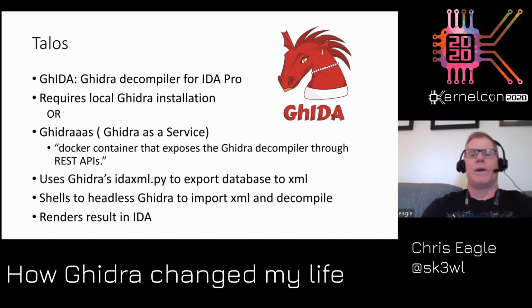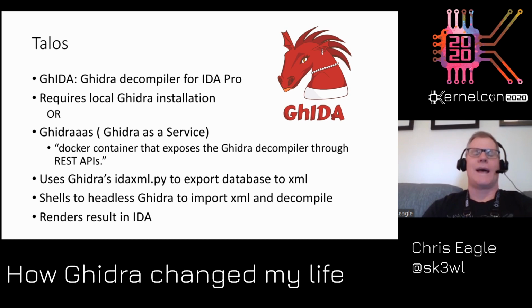So with that XML, with that script, what the Talos tool does is it then shells out to Ghidra in headless mode. So basically batch mode Ghidra at the command line, and has Ghidra import the XML that was generated. So you're recreating your entire project in Ghidra.